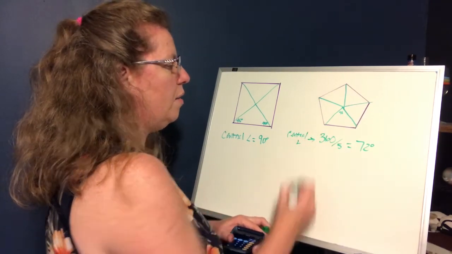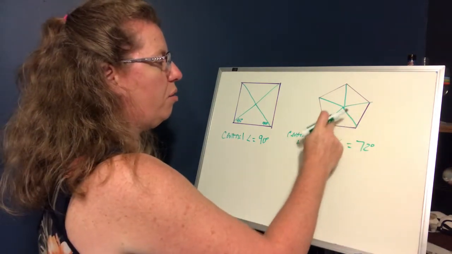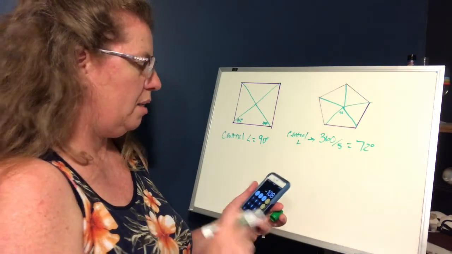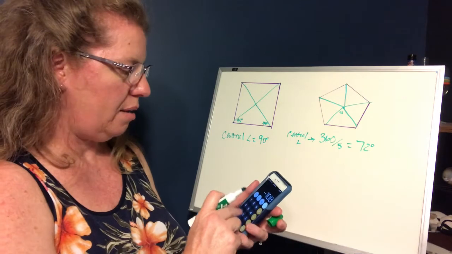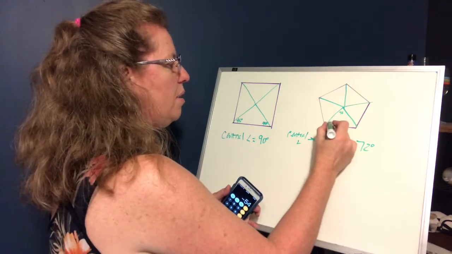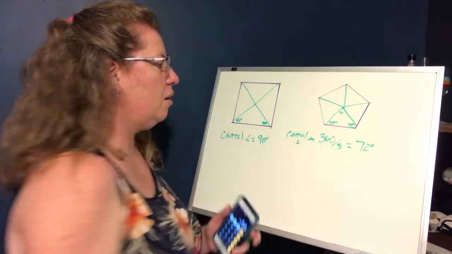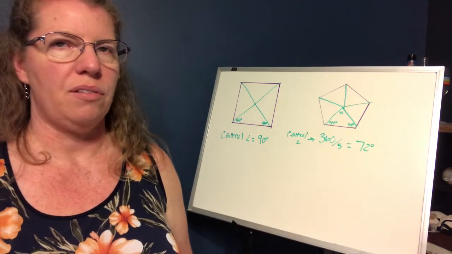And then again, it's isosceles, so we know that all 3 angles must add up to 180. So we're going to subtract 72 from 180. That leaves us 108. Divide by 2, that means we have 2 54-degree angles here. Okay, so those are the types of angles they might ask you.